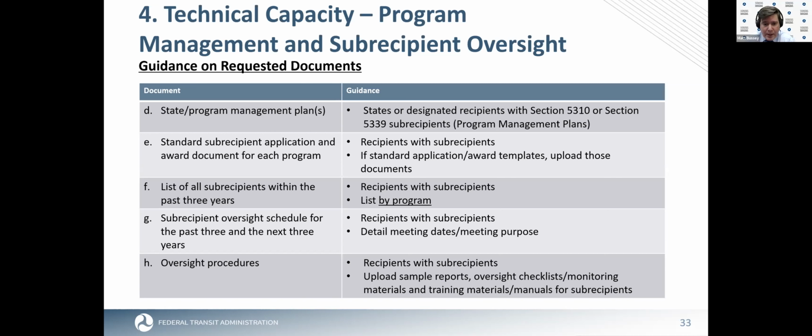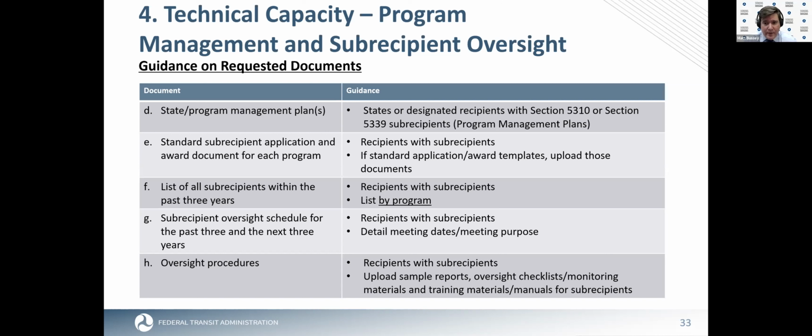In addition, for item G here, subrecipient oversight schedules for the past 3 and next 3 years. Basically, what they're looking for is, okay, are you visiting your subrecipients annually or quarterly, or what's your process? When did you visit them over the last 3 years, and when are you going to be visiting them over the next 3 years? Are we doing collection of Title VI and EEO and whatever other types of documents on a periodic basis?